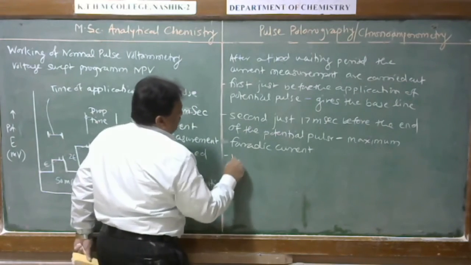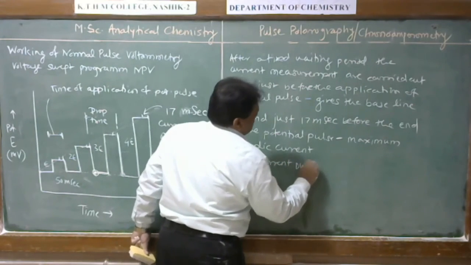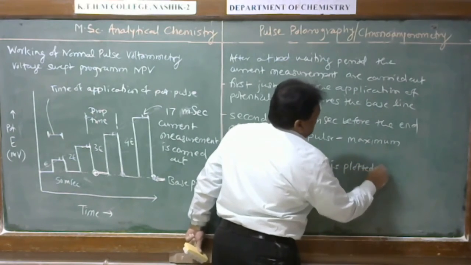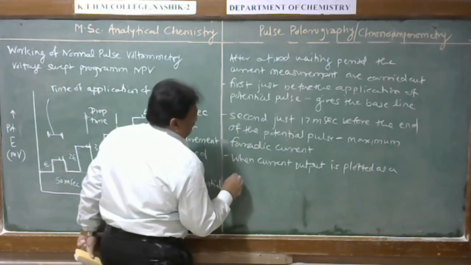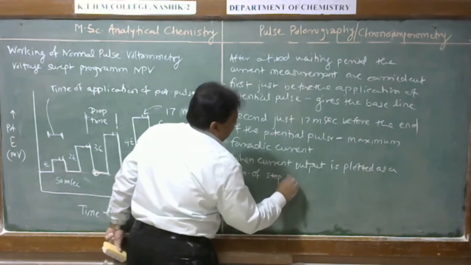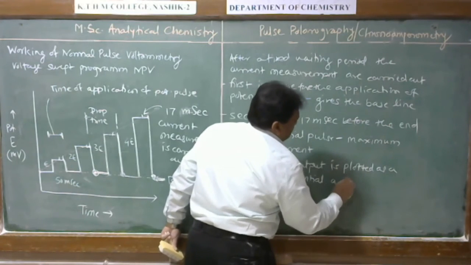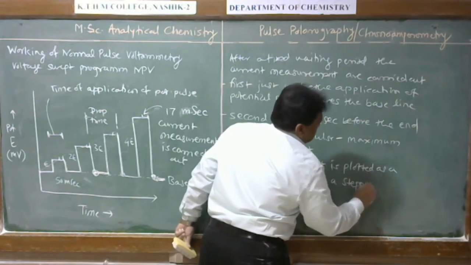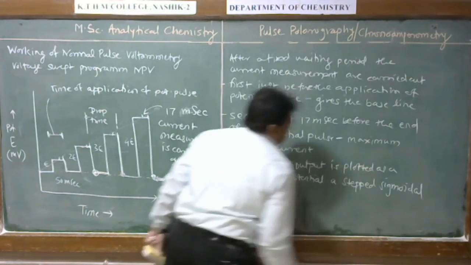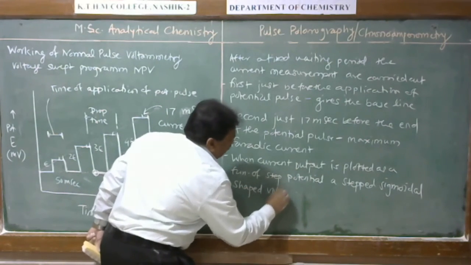Where current output is plotted as a function of step potential, a sigmoidal shape voltammogram is obtained.